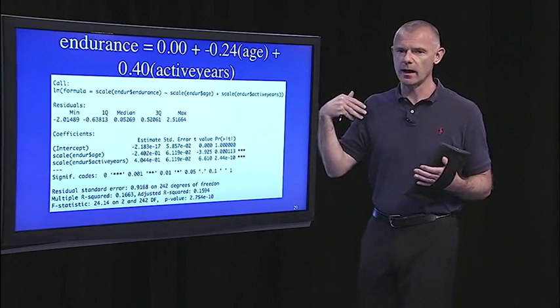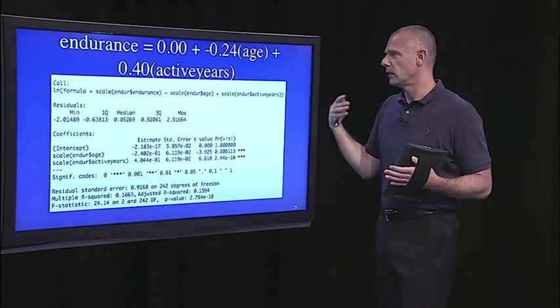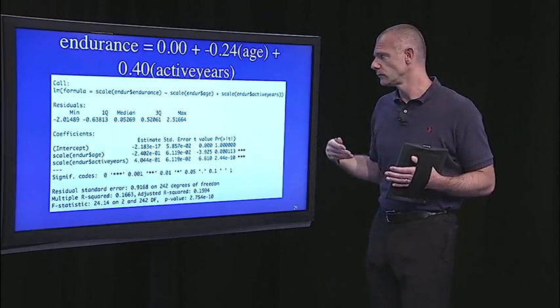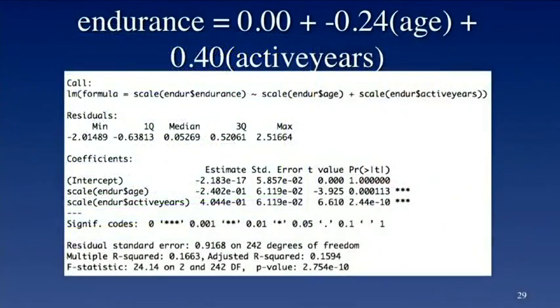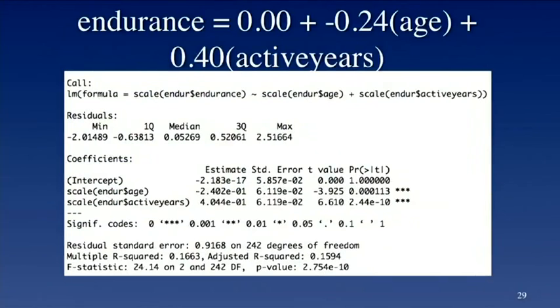So age is now having a stronger effect when we put in active years. Likewise, active years is having a stronger effect when we put in age. Before we were at 0.34, and we're up to now 0.4. Again, I got those coefficients from the estimates in the R output.